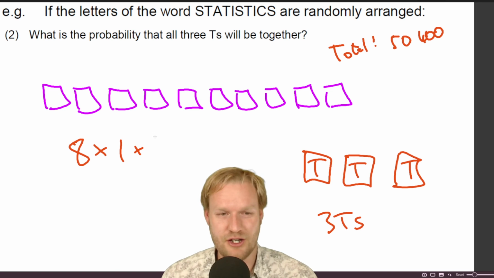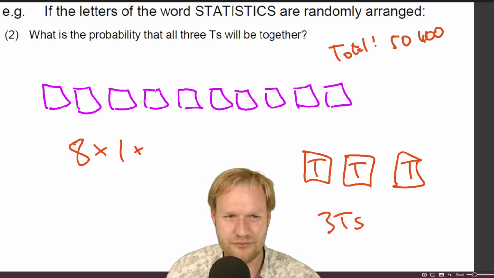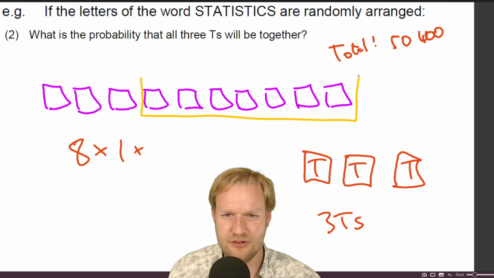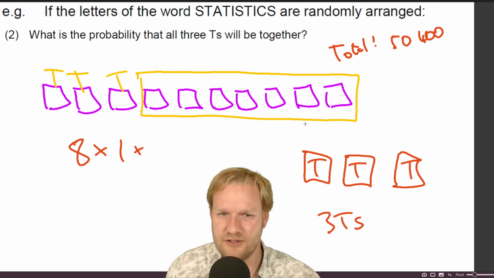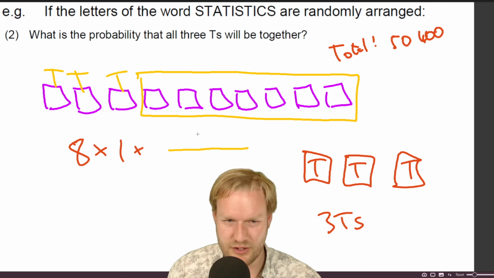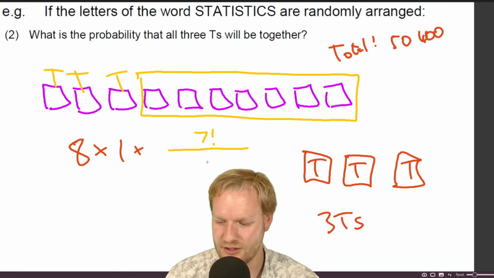Now we need to look at arranging the others. So we've got 7 blocks left. If we've arranged our 3 T's, it doesn't matter where they are, we've definitely got 7 other blocks to fill in. Now we need to look at how many other things are repeated.